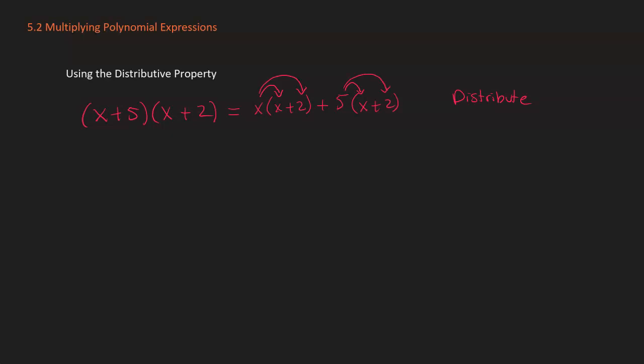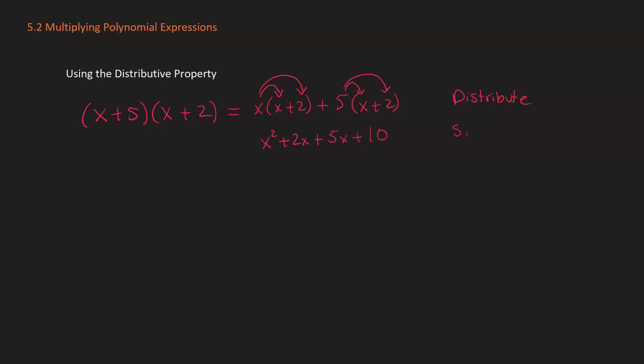So I know that x times x is x squared. I know that x times 2 becomes 2x. I bring down the addition sign. I know 5 times x is 5x, and 5 times 2 is 10.